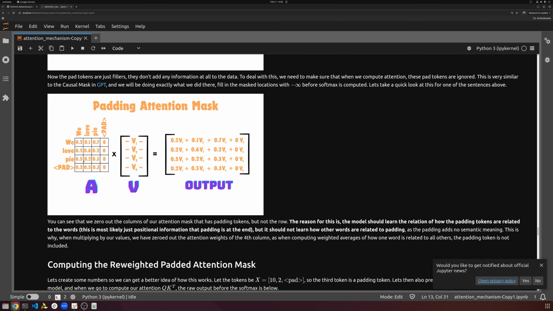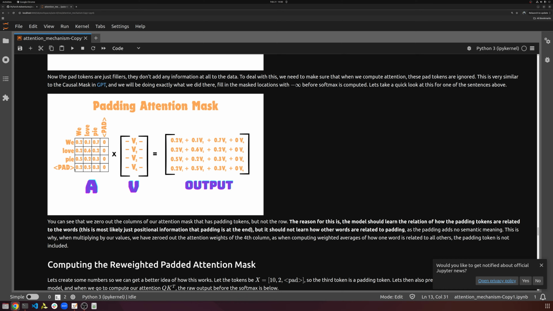My best guess is that when we compute attention, we don't want to learn how words are related to the pad token because the pad token's extra. On the other hand, we do want to learn how the pad token is related to the other words, because the model needs to learn that the pad token just comes after the other words, positionally at the very end. So it's just a filler thing. You can ignore it. It doesn't matter. The pad token shouldn't affect anything.